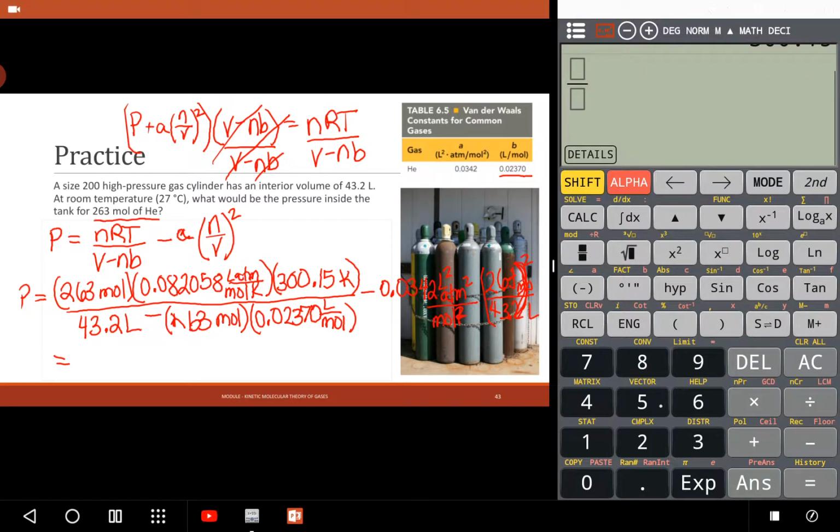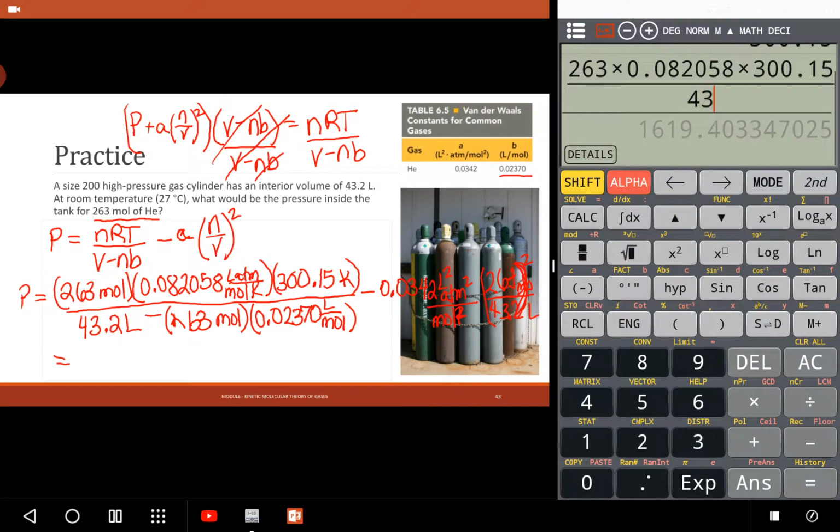So here we go. 263 times 0.082058 times 300.15 divided by 43.2 minus 263 times my B, 0.02370.